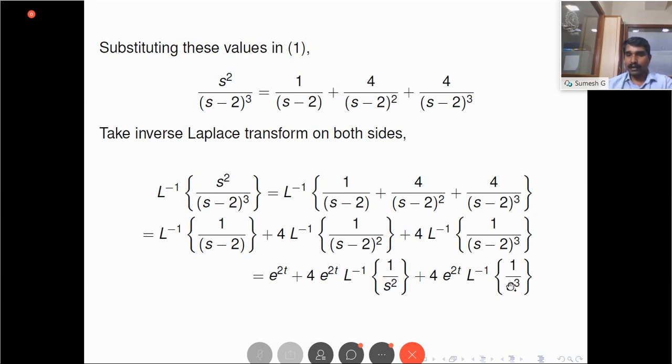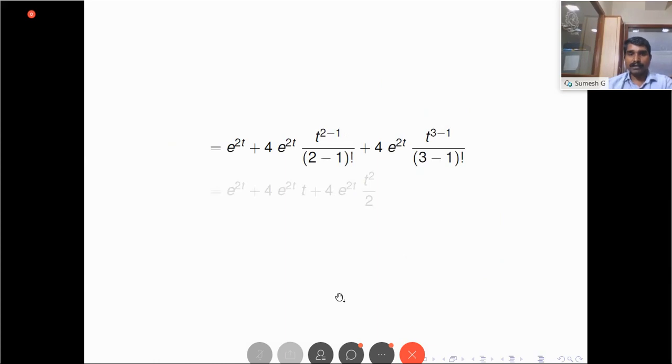The second and the third ones are of the form inverse of 1 by s raised to n. Inverse of 1 by s raised to n is t raised to n minus 1 by (n minus 1) factorial. By applying this result, we obtain the final answer as e raised to 2t plus 4 into e raised to 2t into t plus 4 into e raised to 2t into t square by 2.